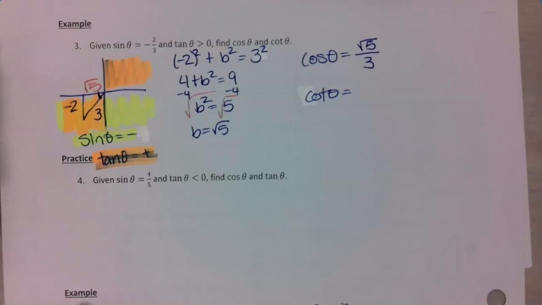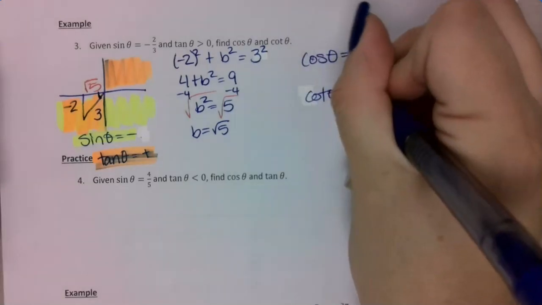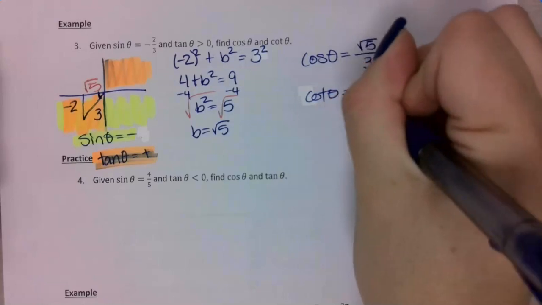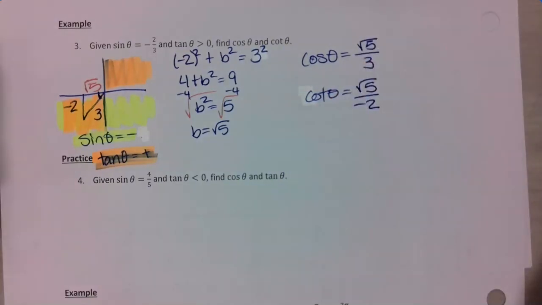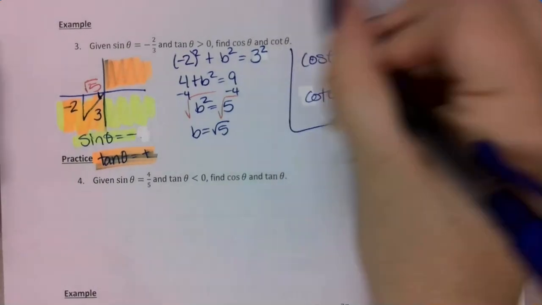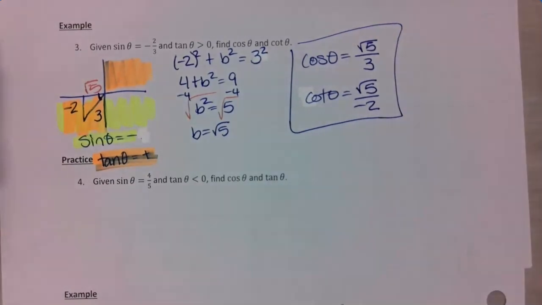No. Cotangent is always adjacent over opposite. Yep, square root of 5 over negative 2. So this is my answer here. Questions here?